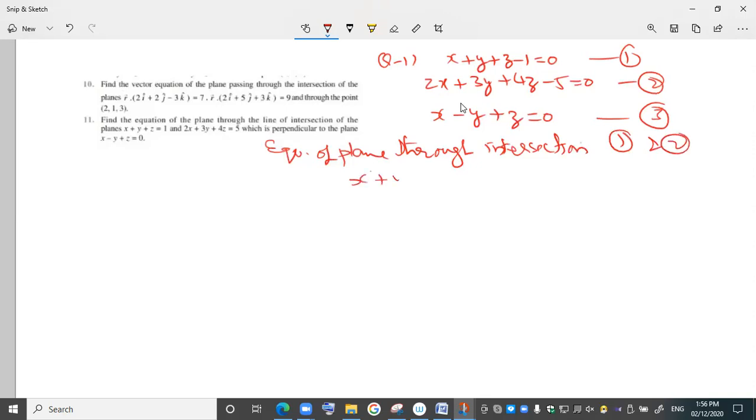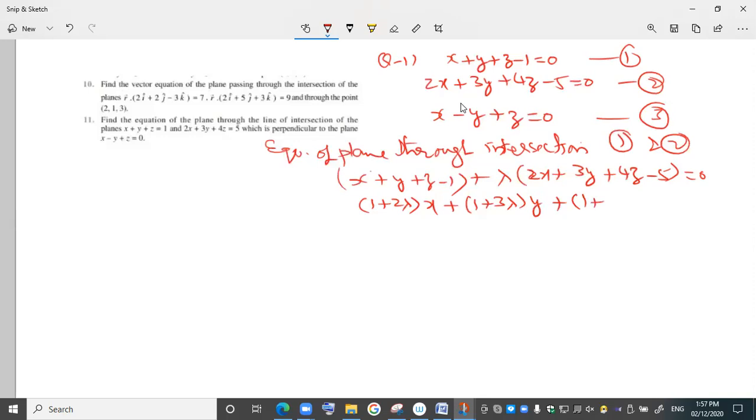We did that in the previous question: x plus y plus z minus 1 plus lambda times 2x plus 3y plus 4z minus 5 is equal to 0, or you can write 1 plus 2 lambda x plus 1 plus 3 lambda y plus 1 plus 4 lambda z is equal to, you can bring the other side also, 5 lambda and minus will become plus 1, so 5 lambda plus 1. Okay. And this is the equation, this is plane number 4.